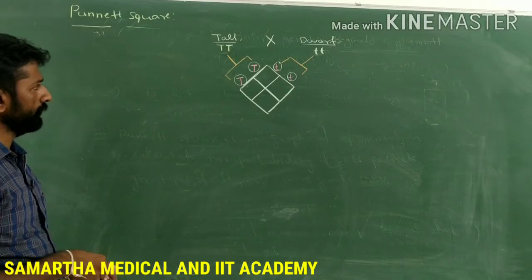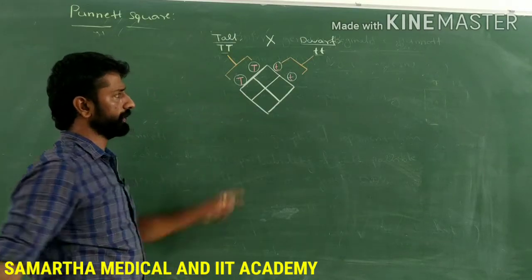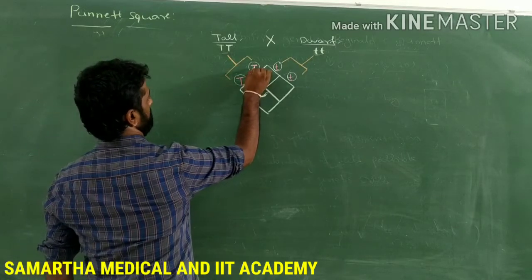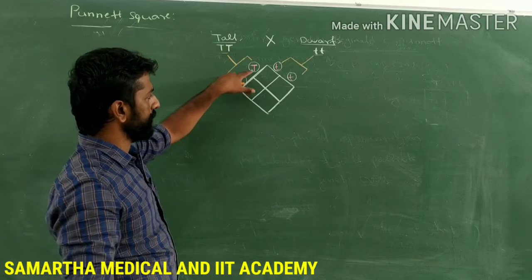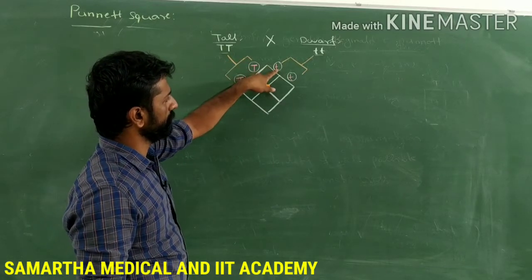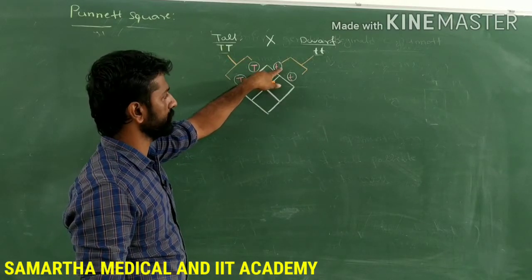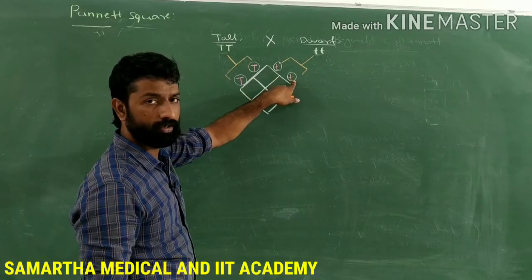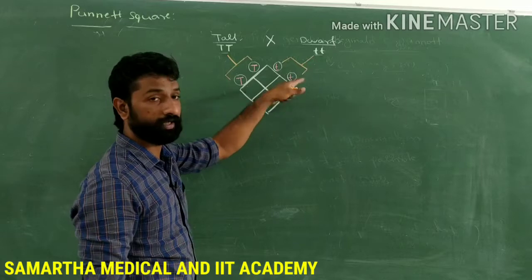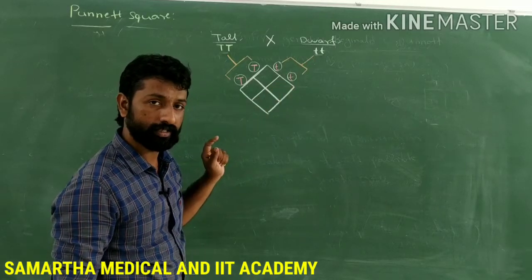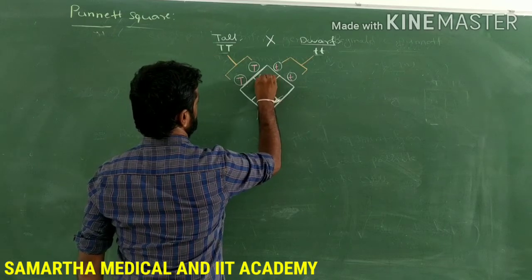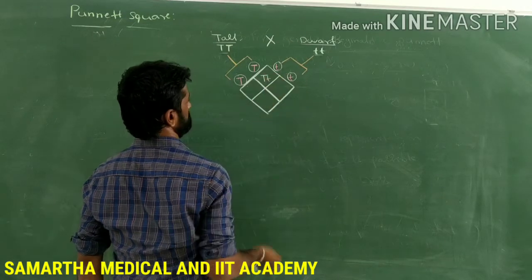Now, in this cross, what are the possible combinations? This capital T has a 50% chance to fertilize with this small t containing gamete, or a 50% chance to fertilize with the other gamete containing the other allele, which is also small t, the recessive allele. So the possible combination will be capital T and small t.